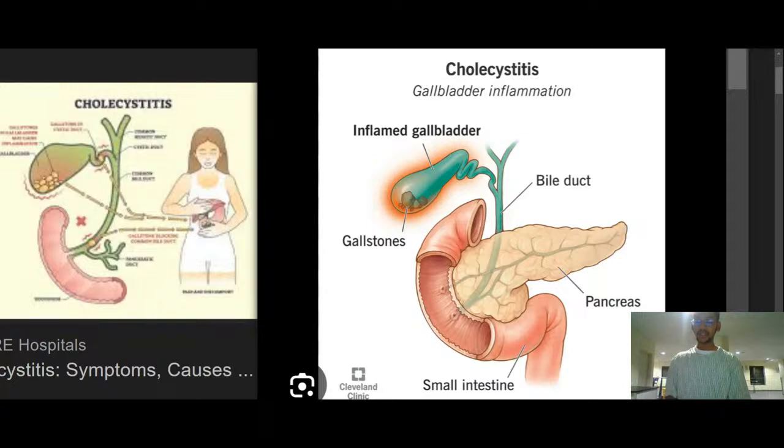So the initial symptomatology of acute cholecystitis is similar to biliary colic, and the patient presents with severe pain in the right upper quadrant, often associated with nausea and vomiting. It's very similar to appendicitis, it's just that this pain is in the right upper quadrant.